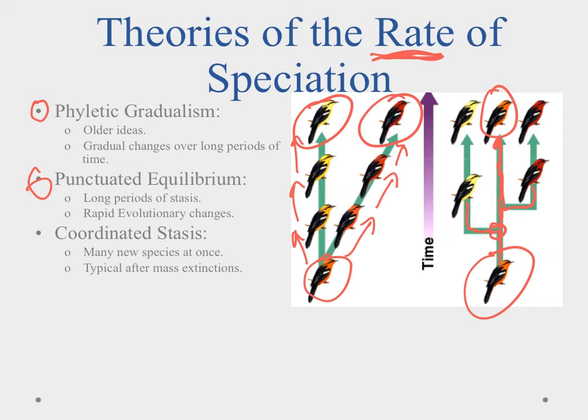occurring. And then finally, we have this coordinated stasis idea. And that says that many new species appear at once. And that's typical after mass extinctions. So what we're talking about is like right here, you could have had something huge. So let's just take the dinosaurs were evolving. They evolved into their species. They're going to be replaced by new species over time, but they were kind of happy there.